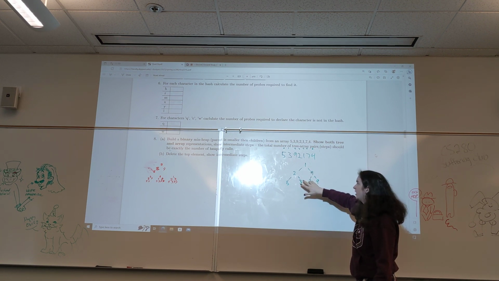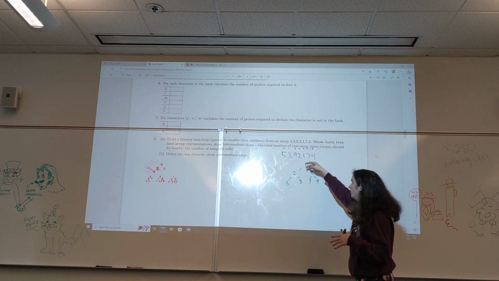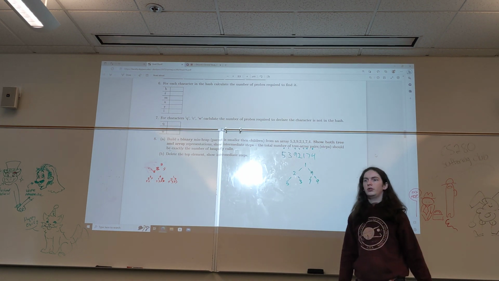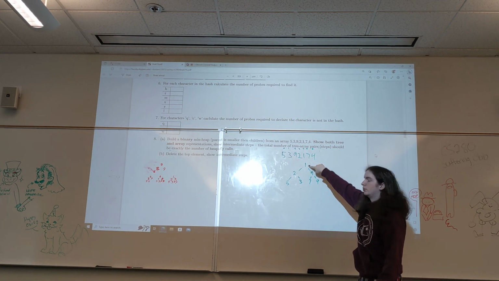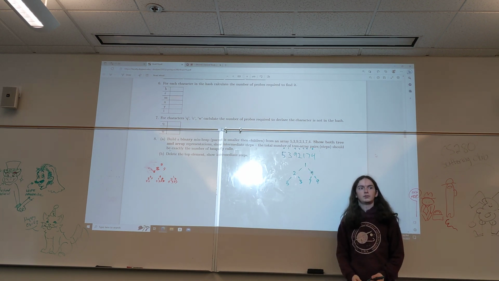Now we can verify by saying, does any parent have children that are less than it? No, all the children are greater than their parents, which means that the topmost root node is guaranteed to have the least value.